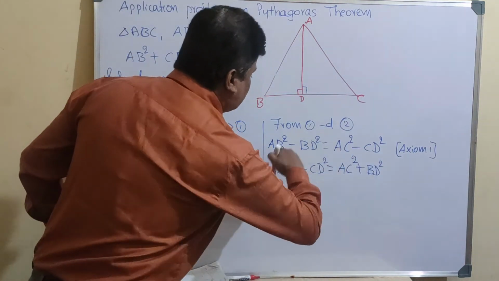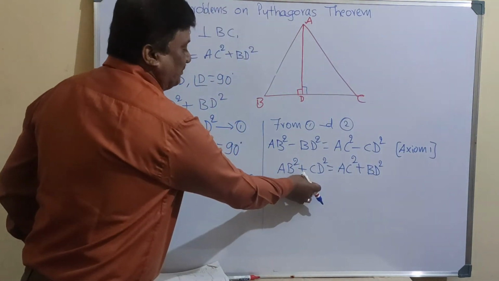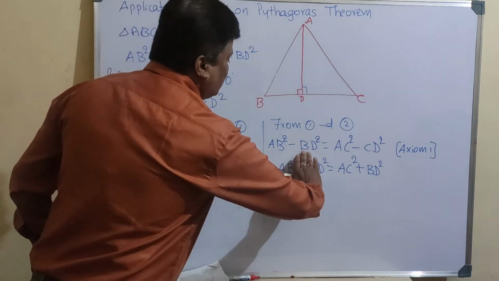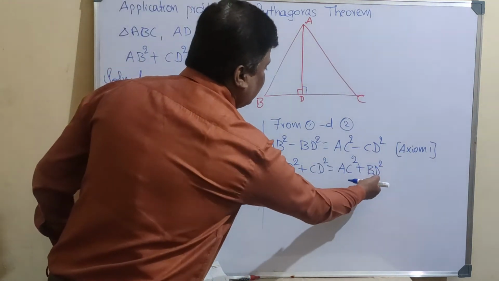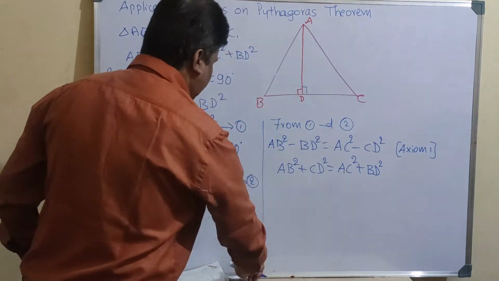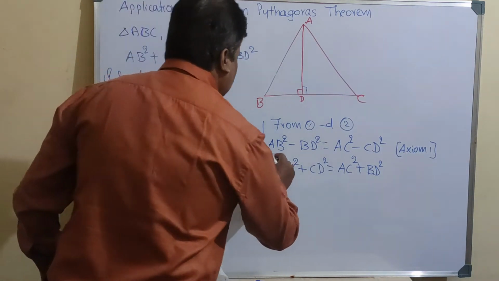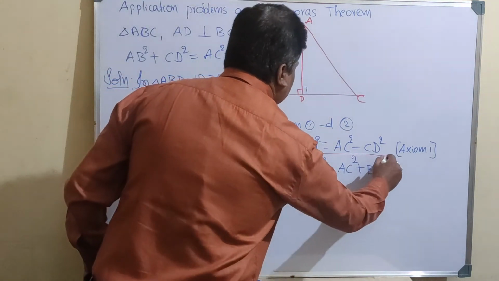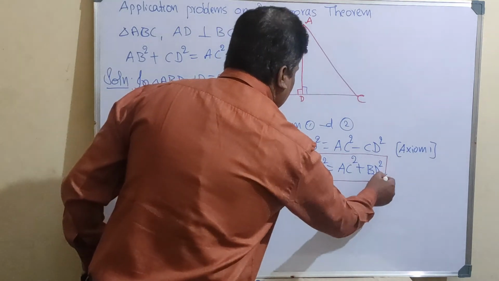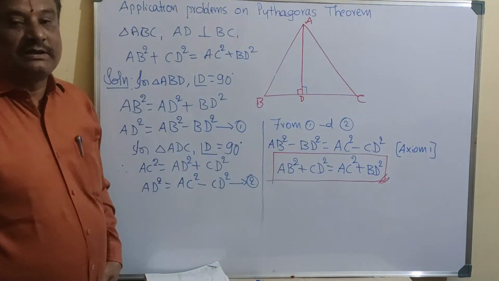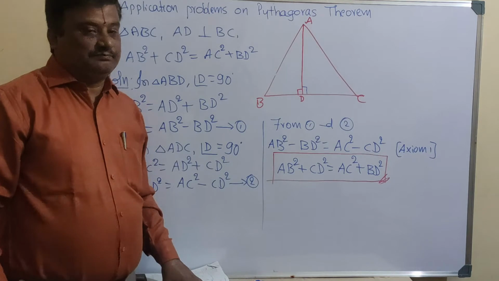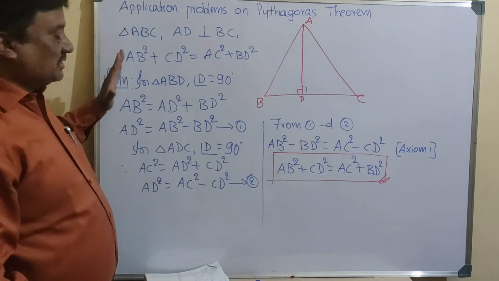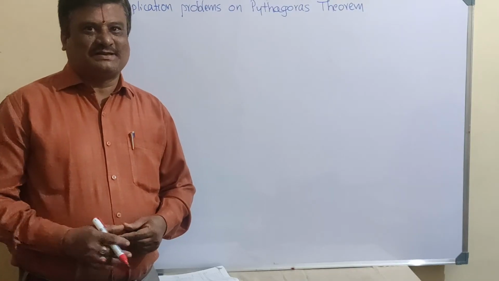If CD square is transposed to the left side it becomes plus CD square, and BD square transposed to the right side becomes plus BD square. This is the result we required, and it is very important for the board examination. I hope you have understood this problem, dear students.